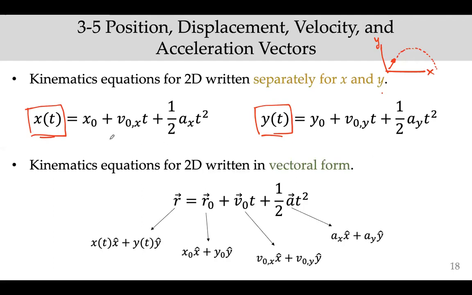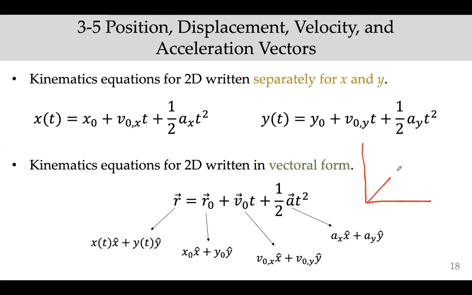So for the x, you have initial position x0. For y component, for y-axis, you have initial position y0. Here you have the x component of the initial velocity. Let me draw it larger. So you throw something with some initial velocity, v0. It's a vector, right? Because it's 2-dimensional.